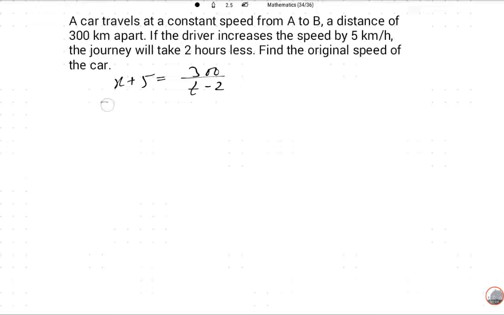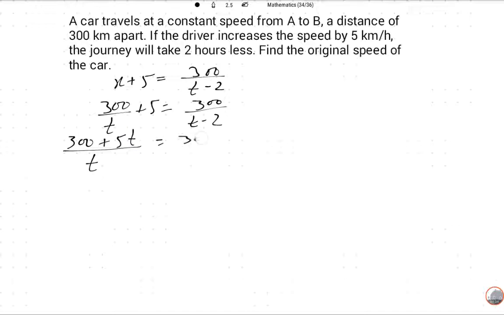So 300 upon t plus 5 is equal to 300 upon t minus 2. Now we can solve this easily. We should take LCM, t. 300 plus 5t upon t is equal to 300 upon t minus 2.